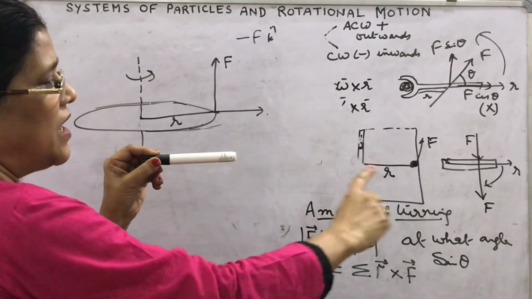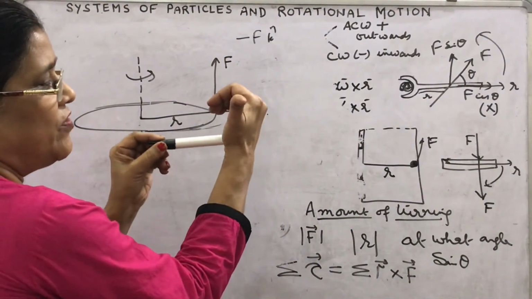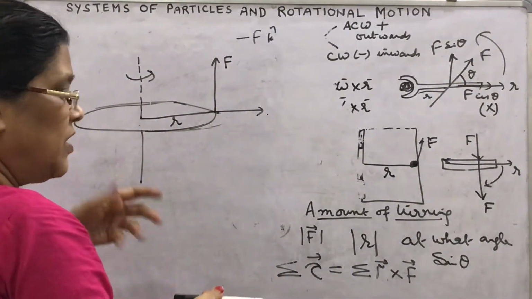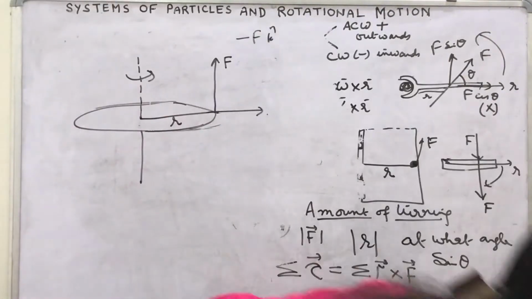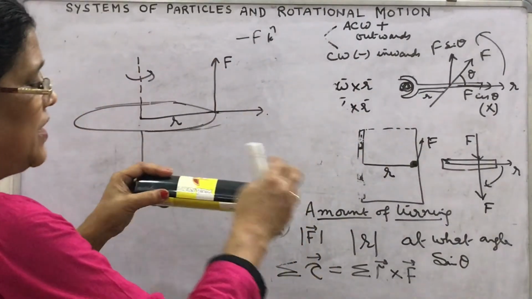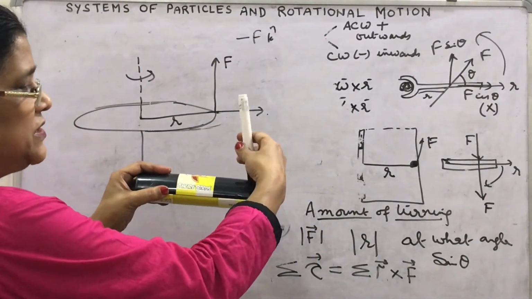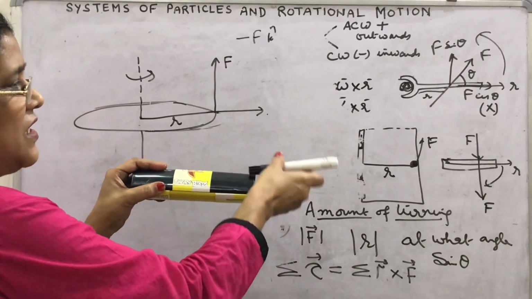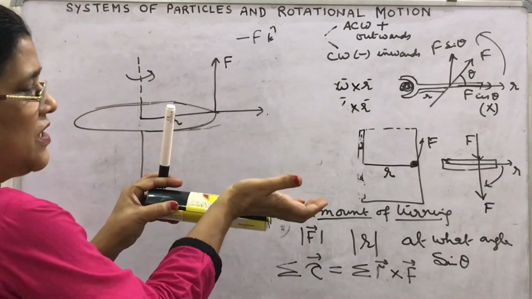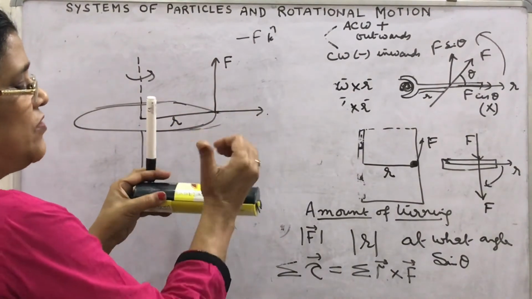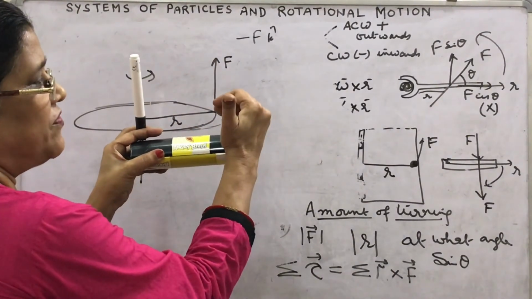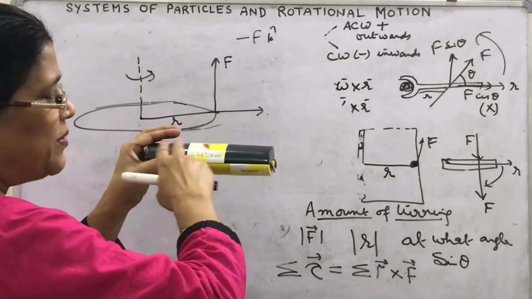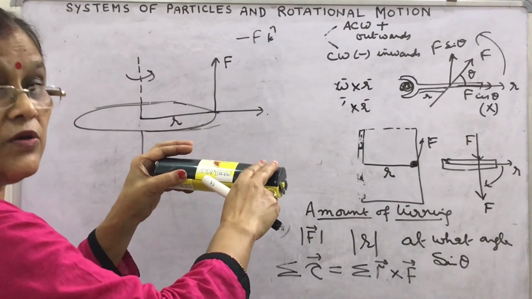So this R and F will produce torque in the direction of the thumb. If you see, this is the disc, the force is applied in this way and this is the direction of R. Then R cross F, if I curl the finger, what will the thumb show? So torque will be in this direction, in the plane of the disc.